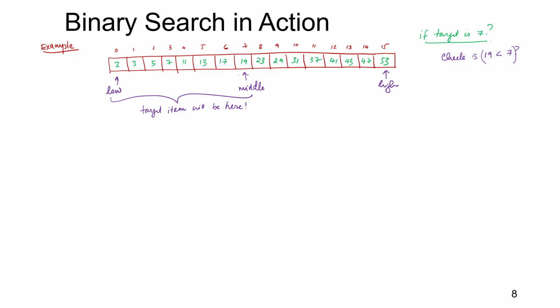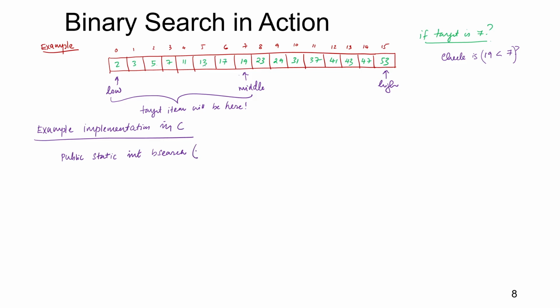So, the example implementation in C. How do you implement this in C? Let us think about it as just a pseudocode. static int, let us call it B search.